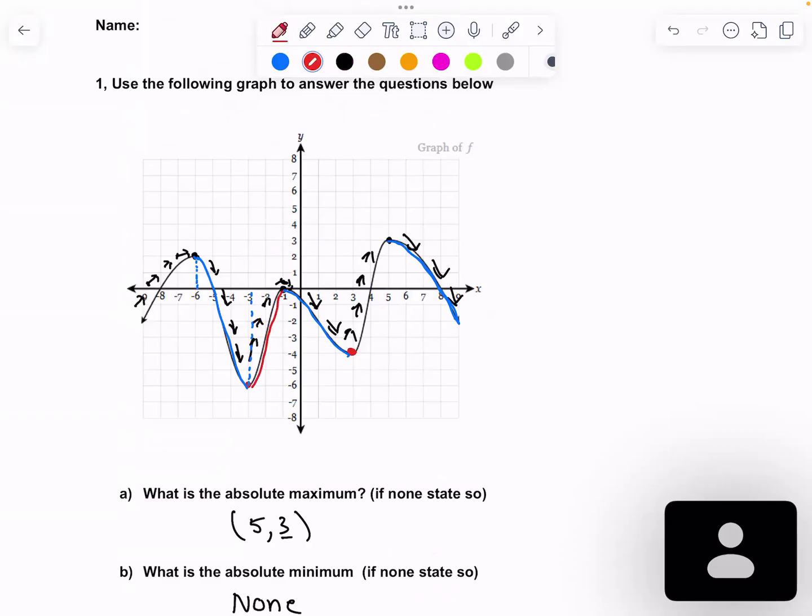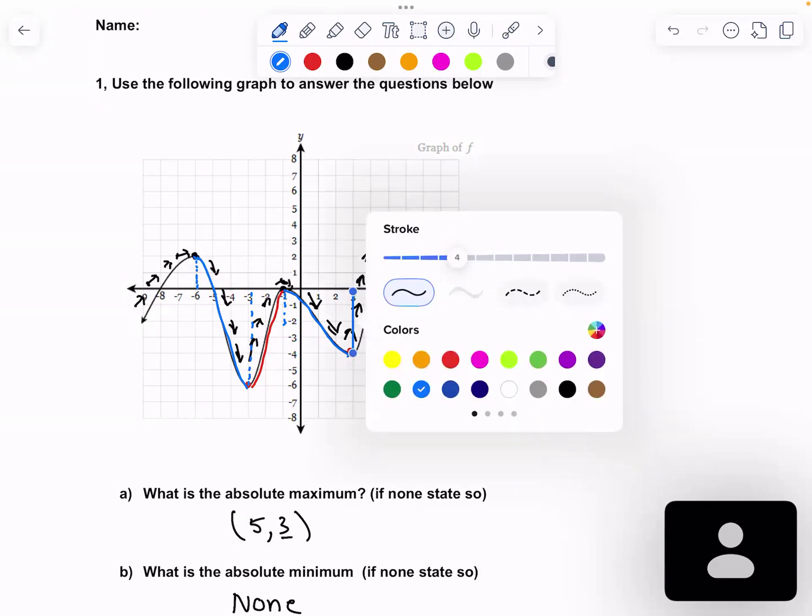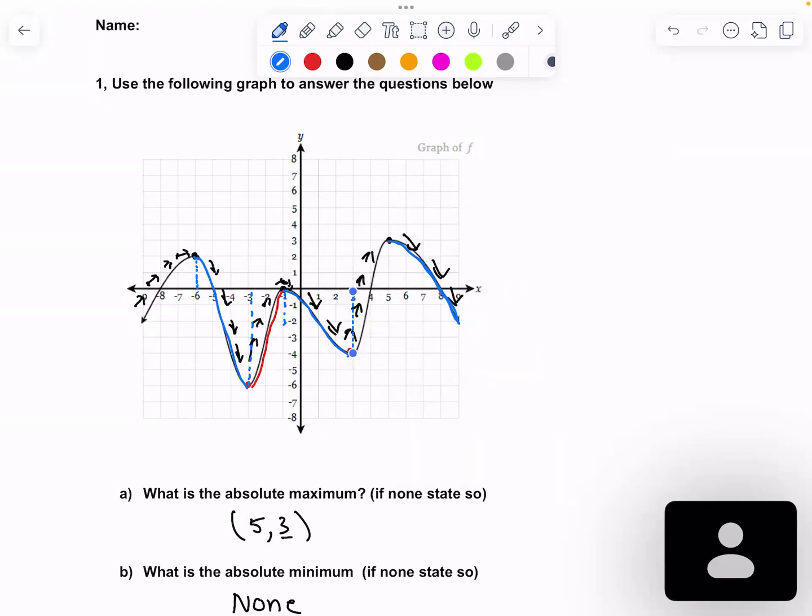It stops decreasing for a little bit, and then it picks up again, right about right here. It starts decreasing again and stops right about here. So that would be the interval -1 to 3.